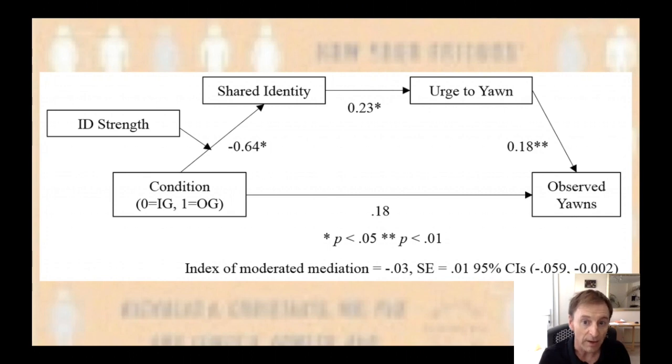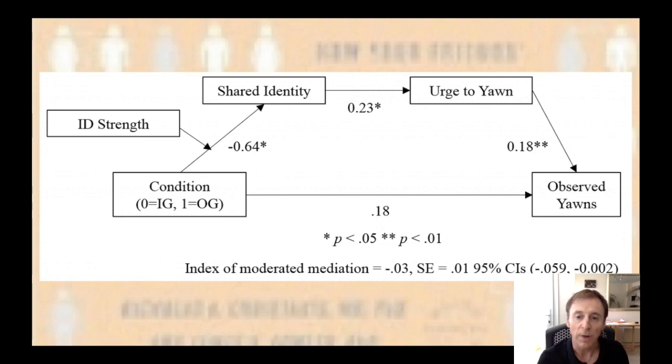We didn't get a main effect either, which is a direct in-group, out-group difference in the extent to which people yawned when they saw the target. But what we did get is what's depicted in this model, which is called a moderated mediation.